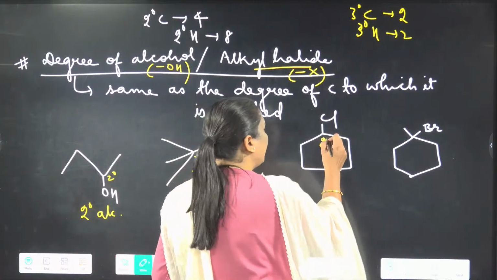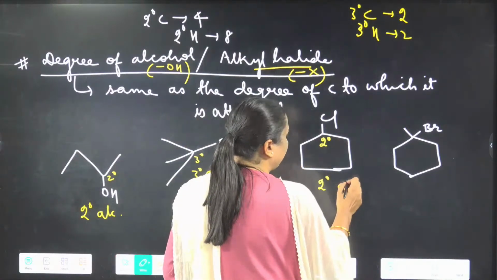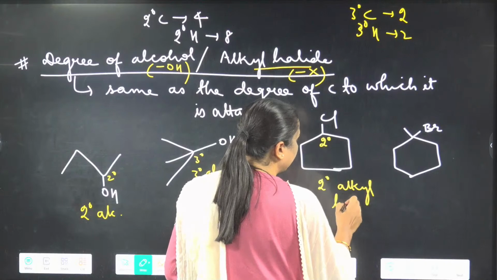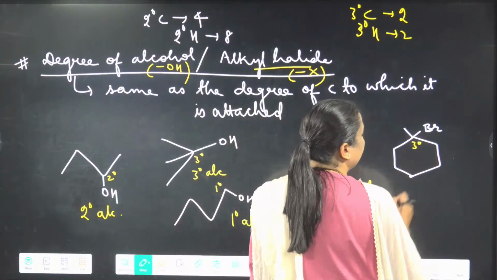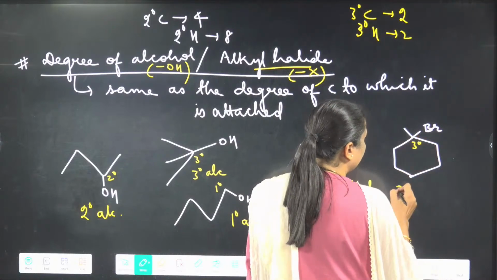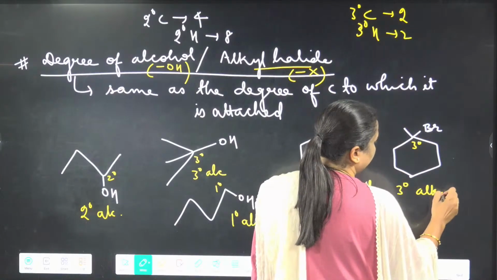Similarly here, you have 2 degrees. So this is a 2-degree alkyl halide. I am writing in general. It is alkyl chloride as such. What about this? This is a 3-degree carbon. To that your bromine is attached. So it is a 3-degree alkyl halide.